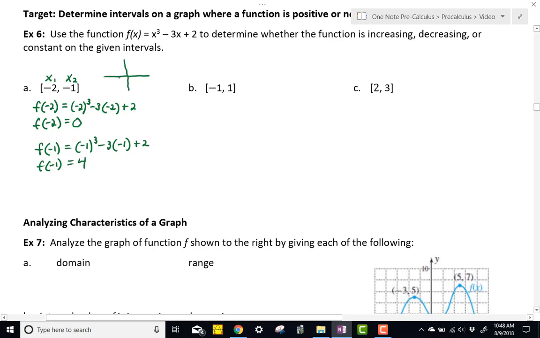Just to let you see what's going on here, here's my graph. So f of -2 would be 0, and f of -1 would be 4, and you can easily see that it's increasing. So how do we say that?